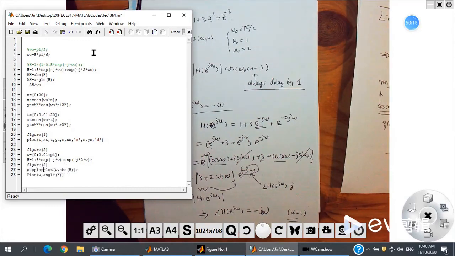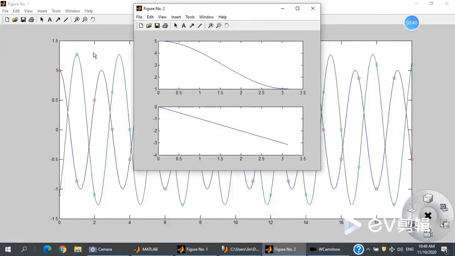Subplot 211, subplot 212. This one is figure 1.